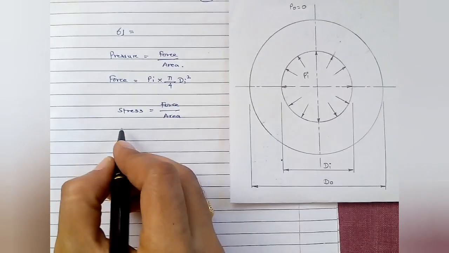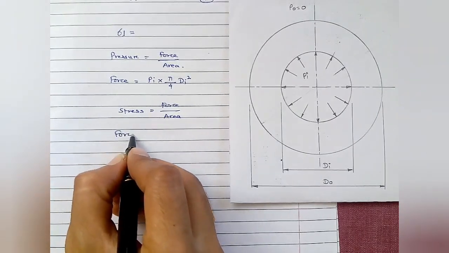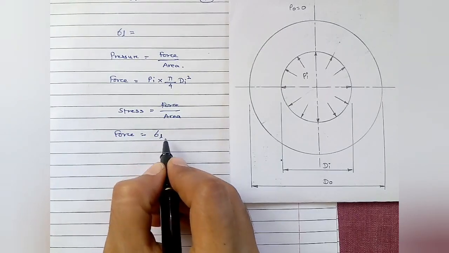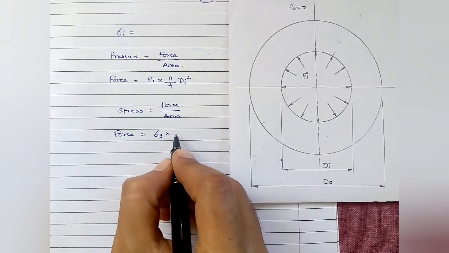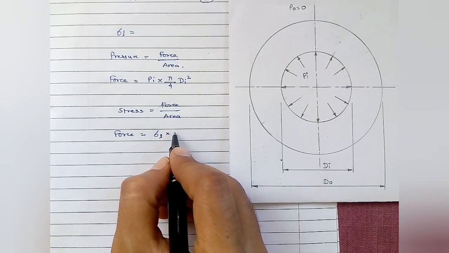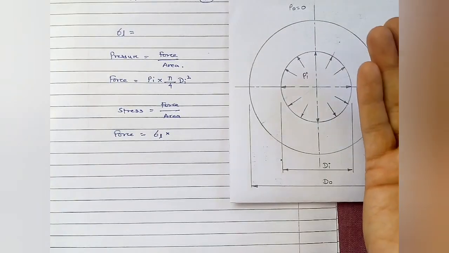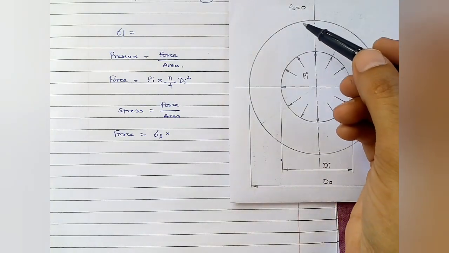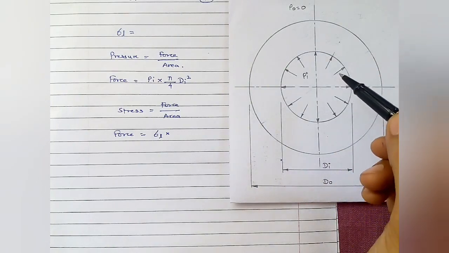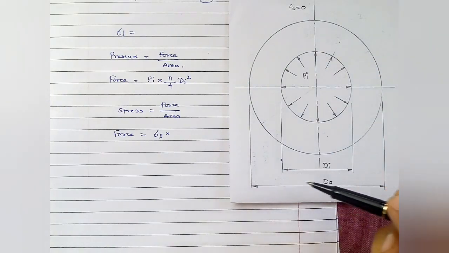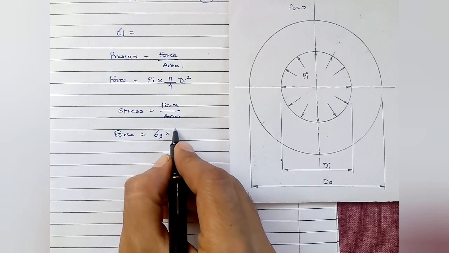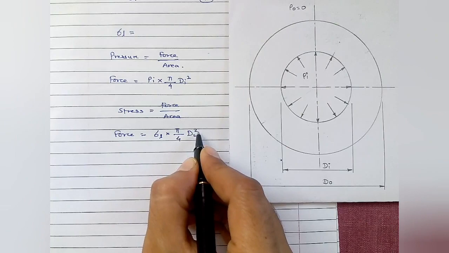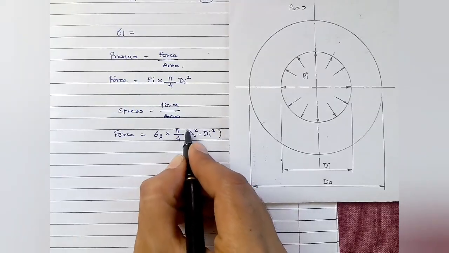Now the force will be equal to the stress, that is the longitudinal stress, into the resisting area. The area which will resist this force because of pressure Pi will be the area of this disc whose internal diameter is di and external diameter is dO. So the cross section area in this case will be pi by 4 into dO square minus di square.